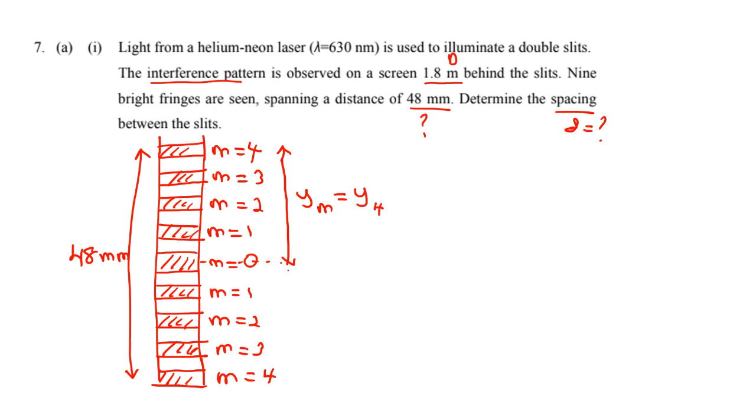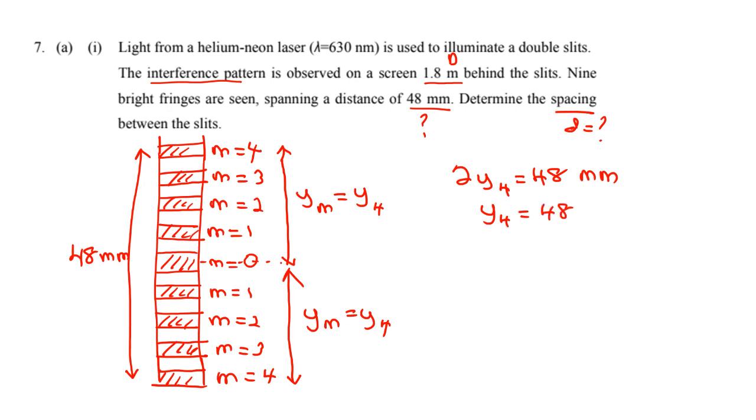So meaning that there are 2 y4 here. So in this case, 2y4 equals 48 millimeters. So what is y4? y4 equals 48 divided by 2. So you get 24 millimeters.